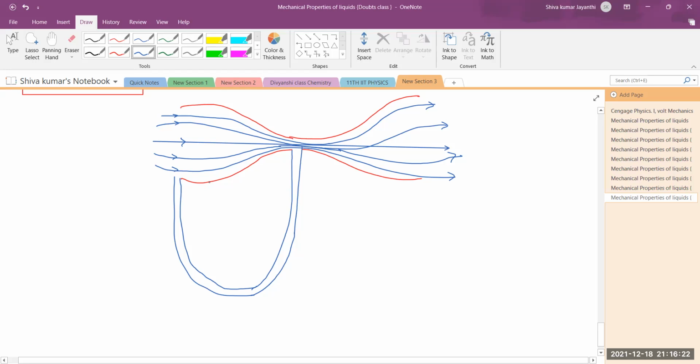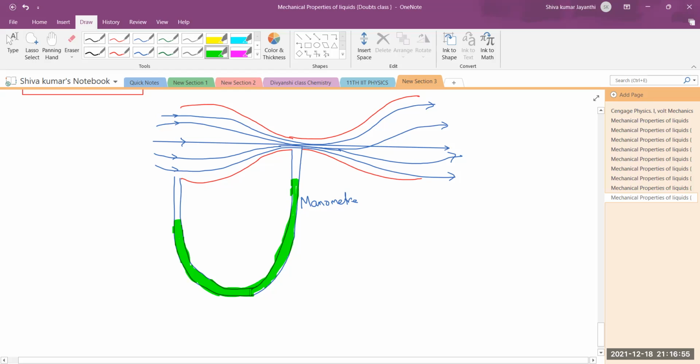Now what happens? There is a manometer, in which mercury is there, obviously. As soon as you connect this manometer, there will be a difference in the heights. Pressure difference will start existing. Why is the pressure difference coming?